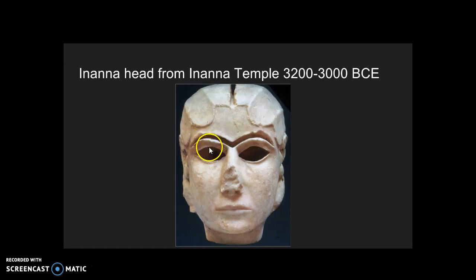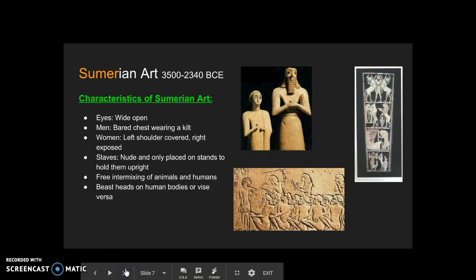So what you're seeing here is the traditional Sumerian characteristic of very large eyes. And then we see the unibrow carving, and then the space in between here. What they believe is that would have had some sort of fibrous inlay, possibly rich gold, that was eventually taken out and discarded. So, here are the characteristics of Sumerian art.